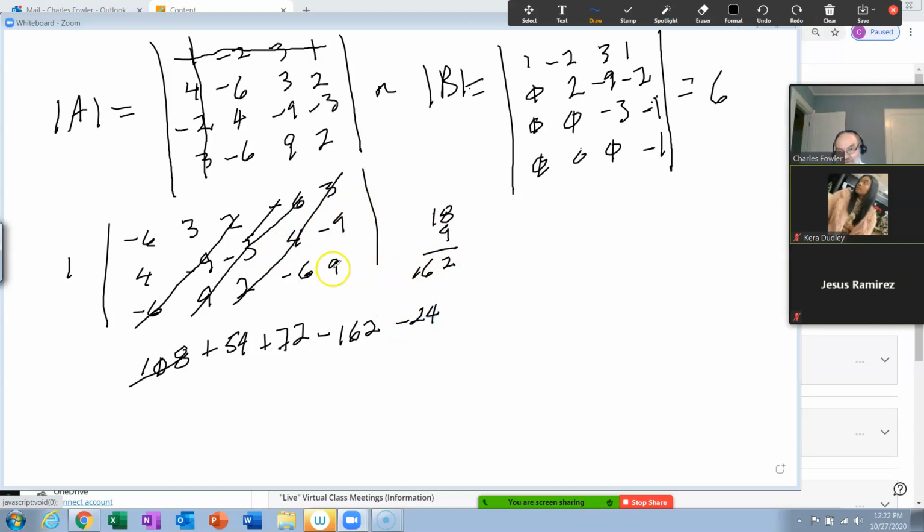So let's see what we've got. Let's add these two together. You get a 126 minus, this isn't working out right. I think I did something wrong.